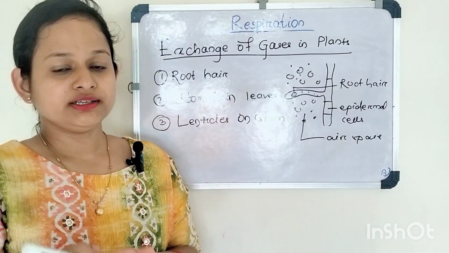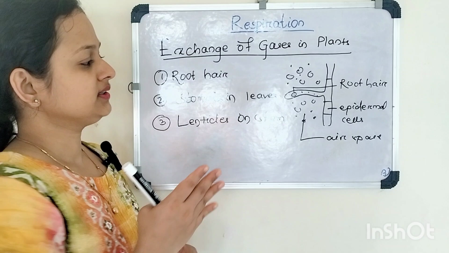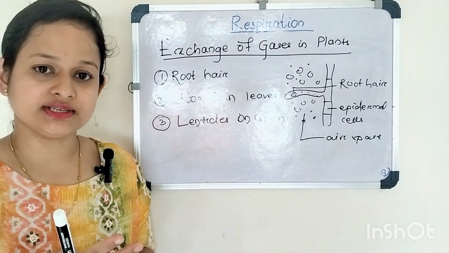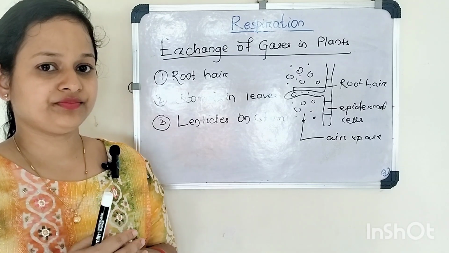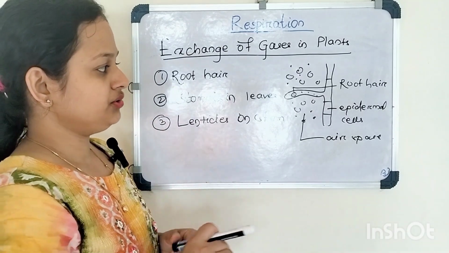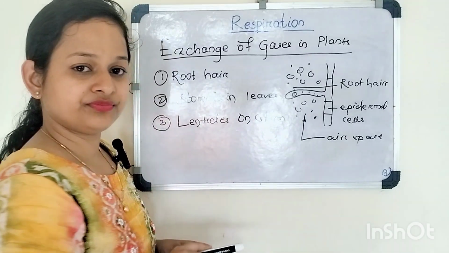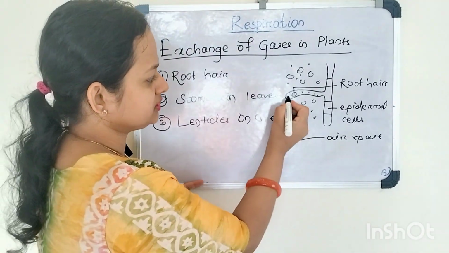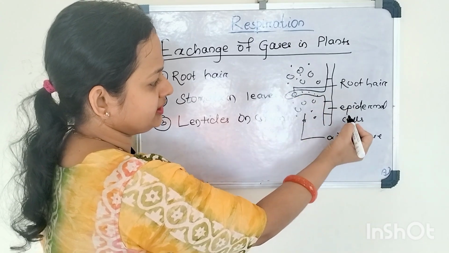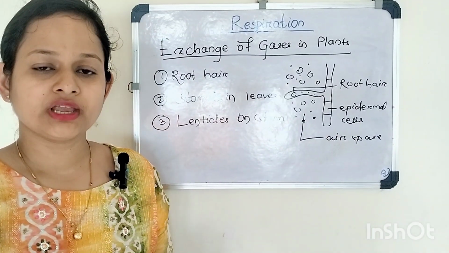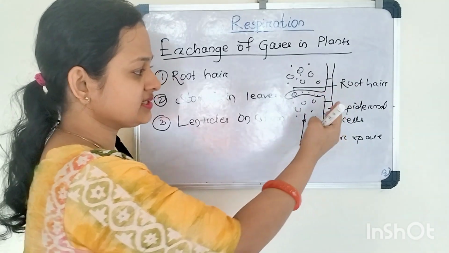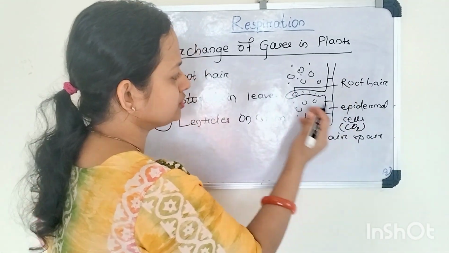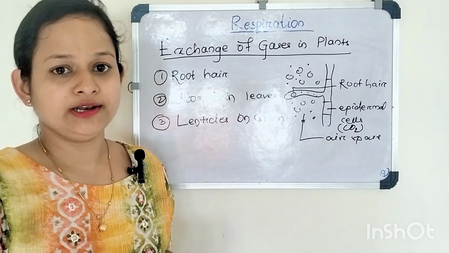The root of the plant is fixed in the soil, and there are some minute spaces present which contain oxygen. This oxygen is taken up by the root hair by the process of diffusion, and after it takes in oxygen, it sends it to the epidermal cells, and the epidermal cells return the carbon dioxide through the root hair to the soil.